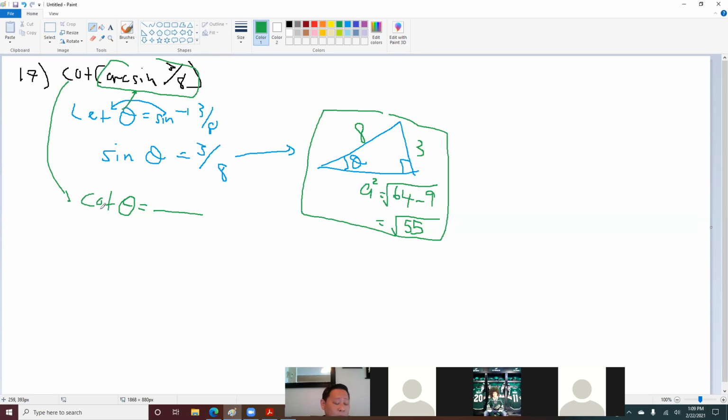Adjacent over opposite, which is the reciprocal of tangent. And what's adjacent in this case? The square root of 55 over 3. Yep, this is your answer. You guys all right here?